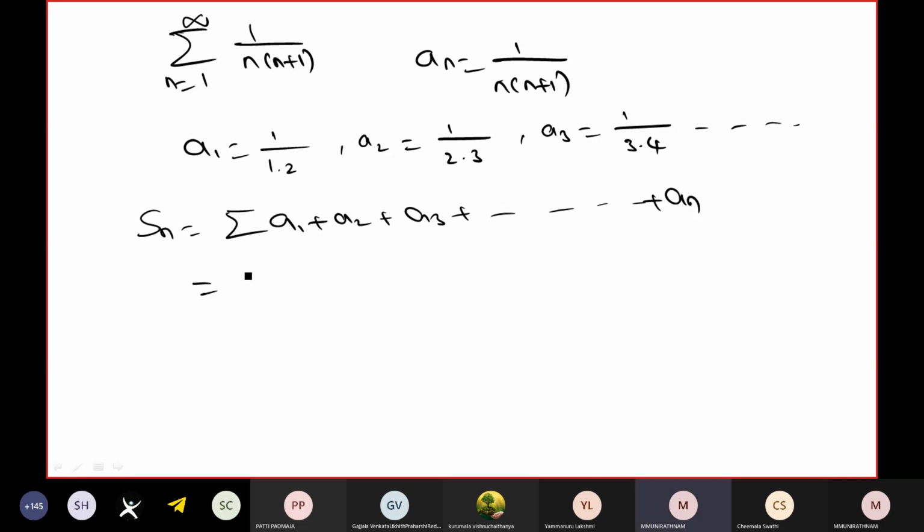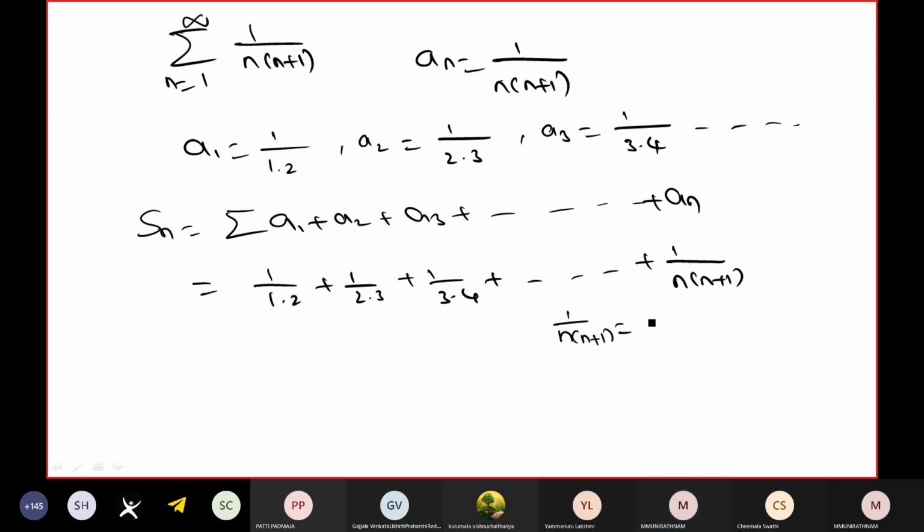So what it is? అవునా? So 1 by n into n plus 1 అమ్మా ఇక్కడ రాస్తాను. దీన్ని 1 by n minus 1 by n plus 1 అని రాయొచ్చు.